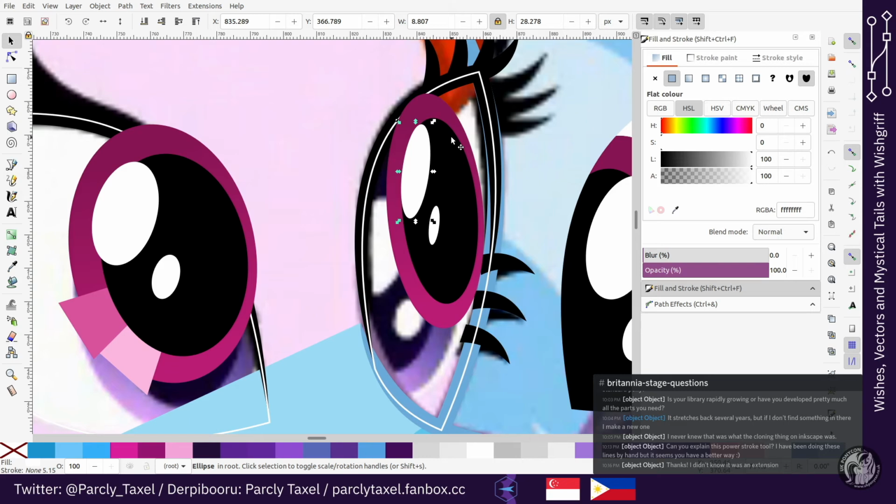I have to get the very fine details here very right. This is why I can spend a lot of time on such minute details like this.